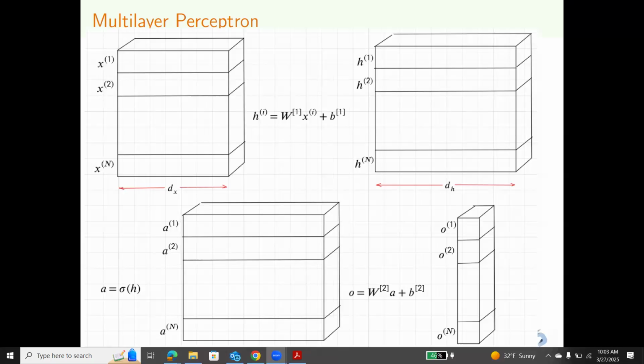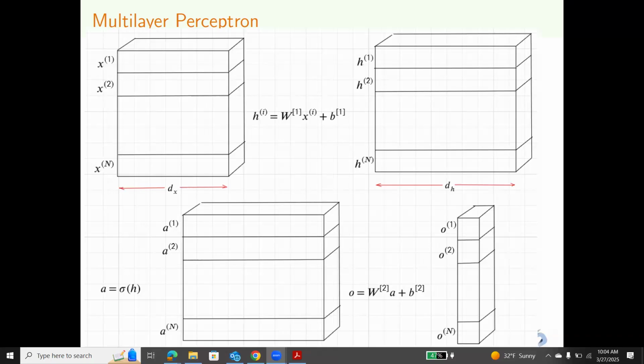After that, we apply nonlinearity. For now, we use just the sigmoid function. And we get the A vector, which is just sigmoid of H, pointwise. Because it's pointwise, the shape of this matrix will be exactly the same as the shape of matrix H. After that, we apply the second layer, or in other words, just another matrix multiplication, matrix times A, to get the output.